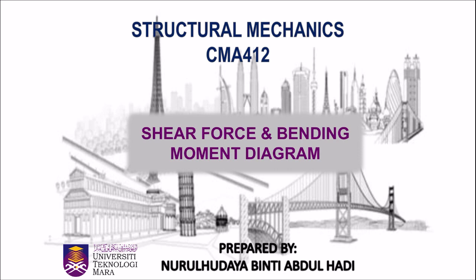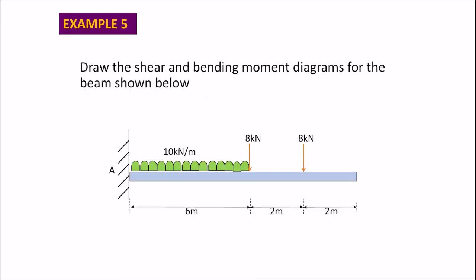Let's continue on example number 5 for shear force and bending moment diagram. Example number 5 shows that this is a cantilever beam. It requires you to draw the shear and bending moment diagram.